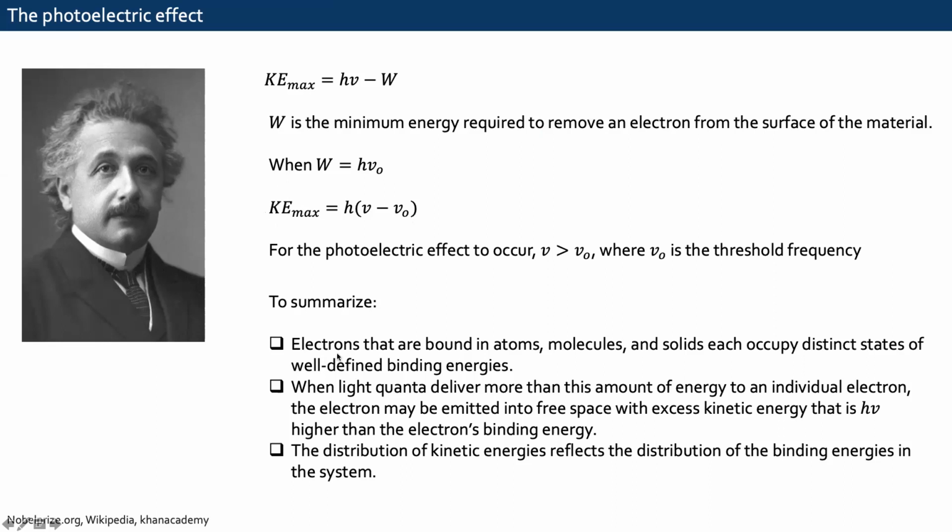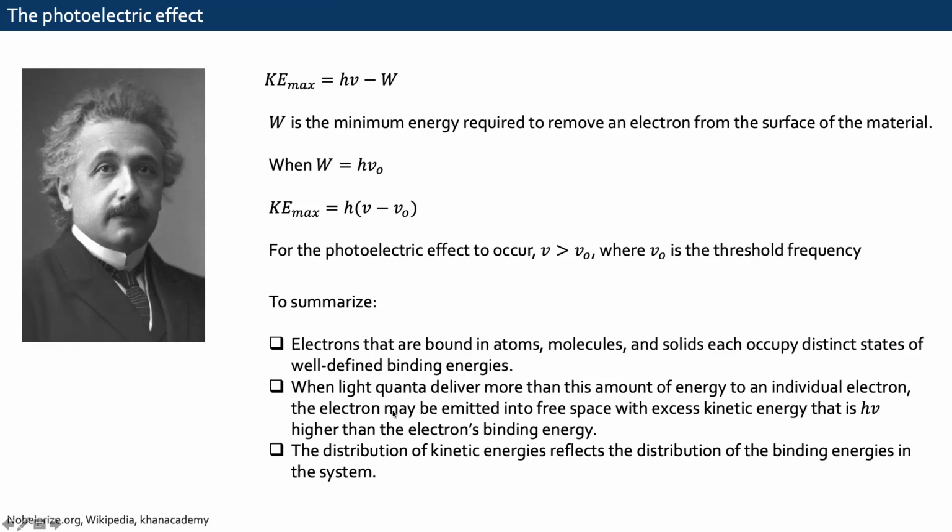So just to summarize, electrons are bound in atoms, molecules, and solids, and they each occupy distinct states of well-defined binding energies. When light quanta deliver more than this amount of energy to an individual electron, the electron can be emitted into free space with excess kinetic energy that's hν higher than the electron's binding energy.